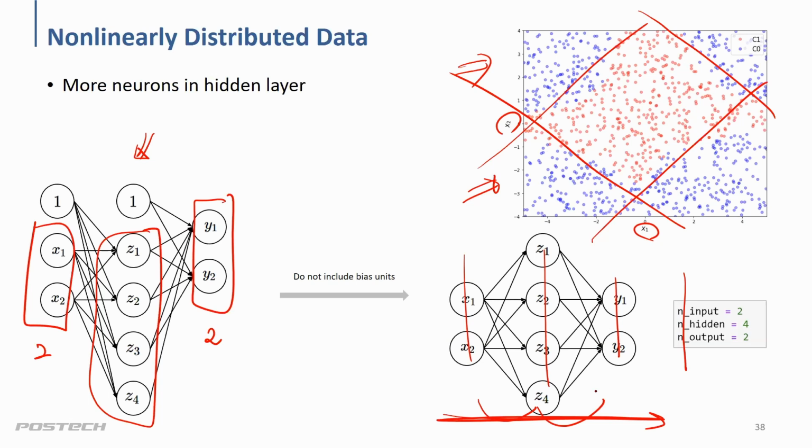The number of neurons depends on how nonlinearly the data set behaves. It really depends on the complexity of your data distribution. So it's not exactly matched, but I want you to have at least some insight on the number of layers and number of neuron units.